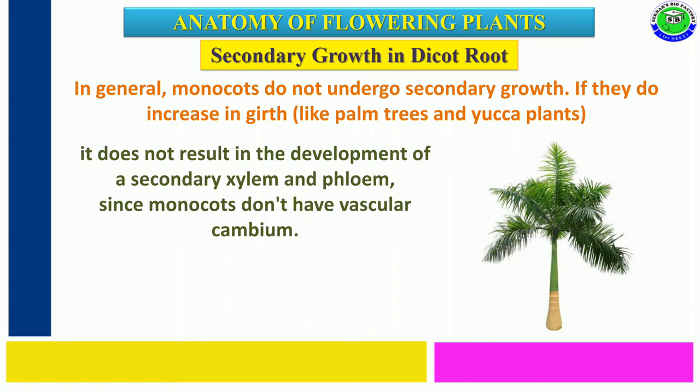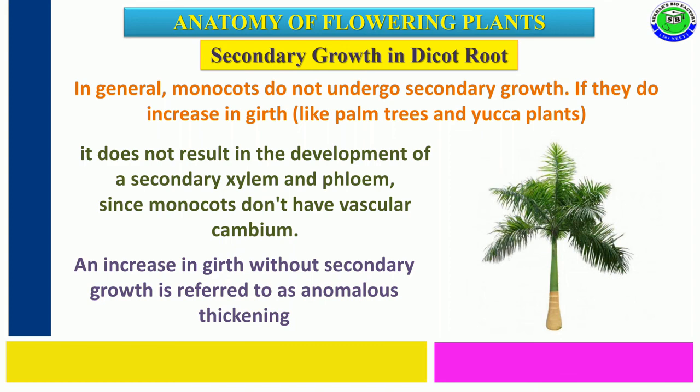It does not result in the development of secondary xylem and secondary phloem, because there is no vascular cambium in its stele. Even though secondary tissues like secondary xylem and secondary phloem are not formed, it can increase its girth without forming secondary tissues.